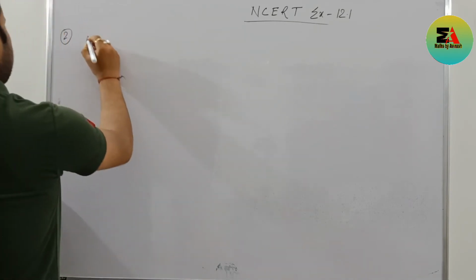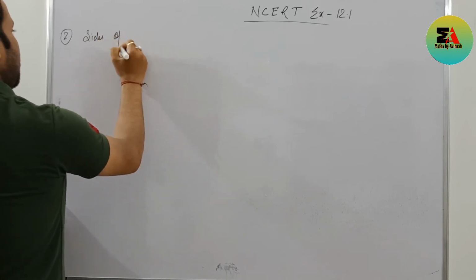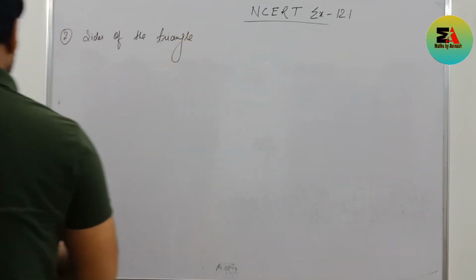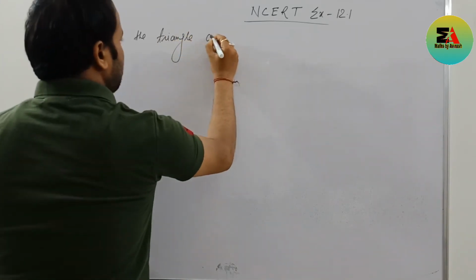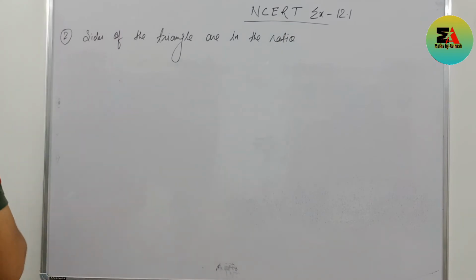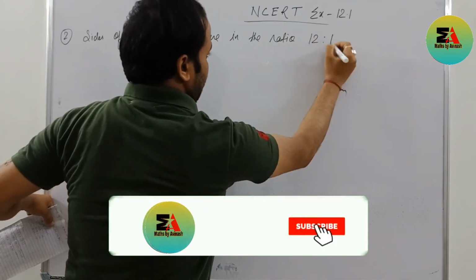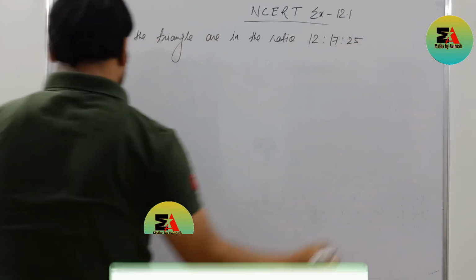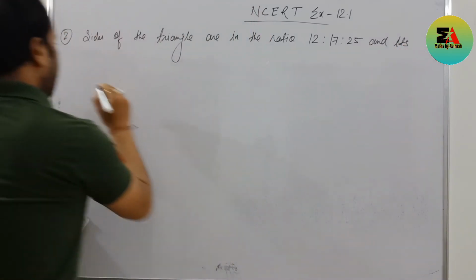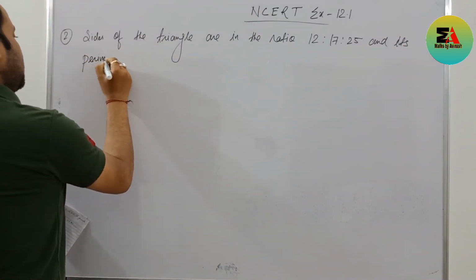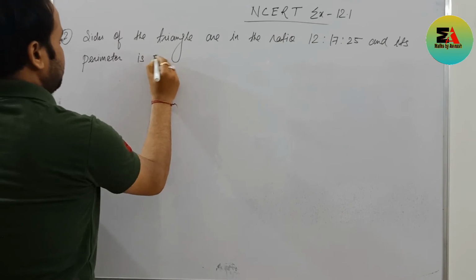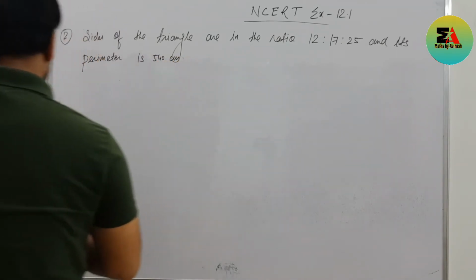The next question: the sides of a triangle are in the ratio 12 : 17 : 25, and its perimeter is 540 centimeter.